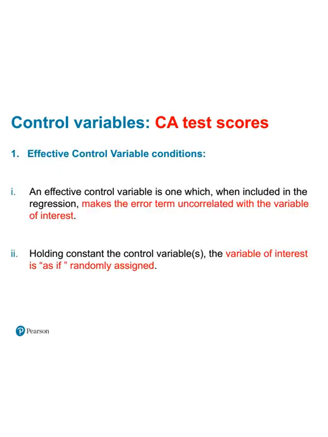Now again, the purpose of control variables is to, well, let's not beat a dead horse, it's to control for things that are uneasily observed, or we cannot observe them. Now, an effective control variable is one that when we include it in the regression, it makes the error term uncorrelated with the variable of interest.